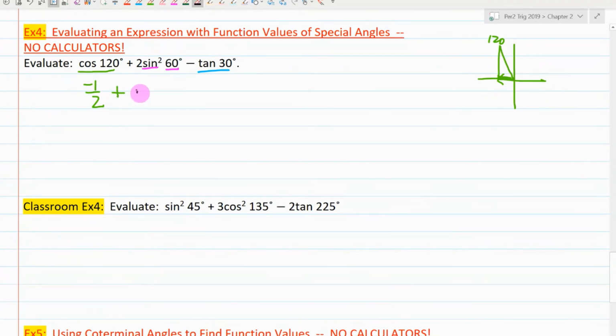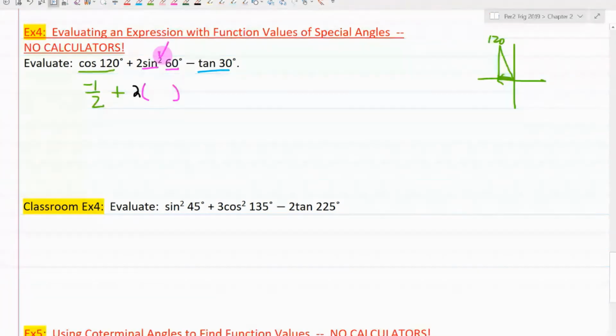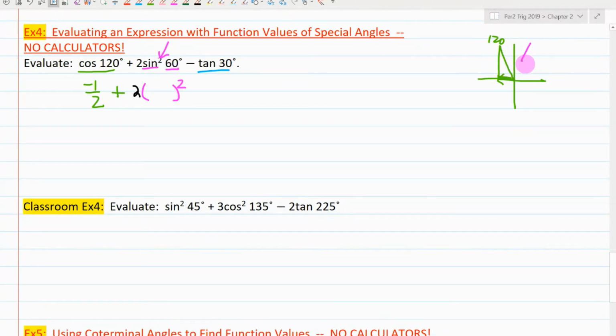For the next part, we have 2 times the sine of 60, but then we also have to square that. So 60 is up here. Sine is the y value. So sine is the long leg, and it's positive because it's going up. So that would be the square root of 3 over 2. That's the long leg.